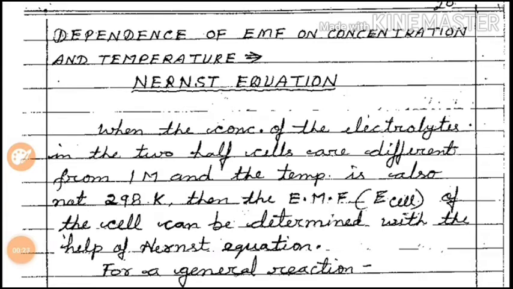That was the simplest formula which I told you, that is E naught cell is equal to the standard electrode potential of the cathode minus the standard electrode potential of the anode, and standard electrode potential is basically the reduction potential. So we can say that E naught cell is equal to the standard reduction potential of the cathode minus the standard reduction potential of the anode.